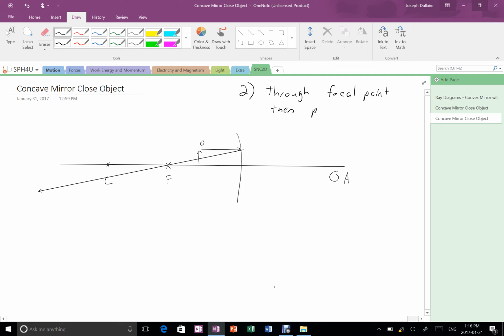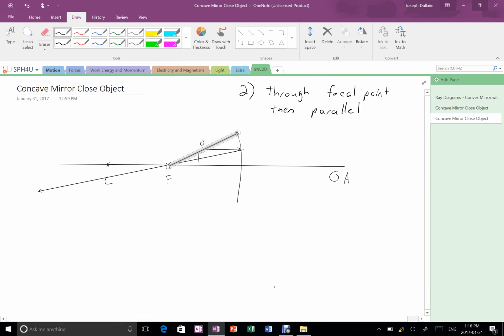then parallel. So the way we handle this in this odd situation is we line up the top of the object with the focal point on this side like this. It seems like the ray is coming from the focal point, which it really isn't, but that's how we handle it.